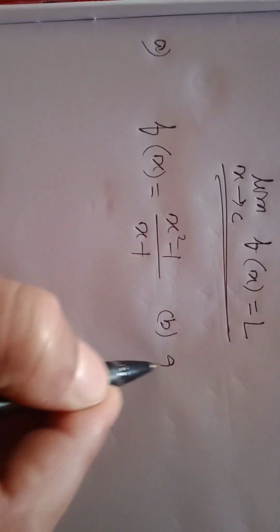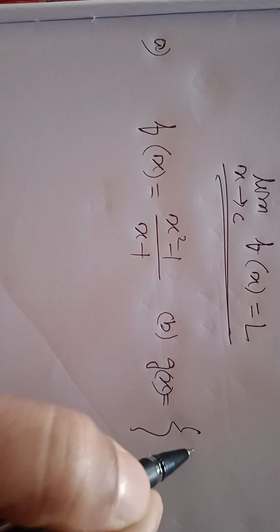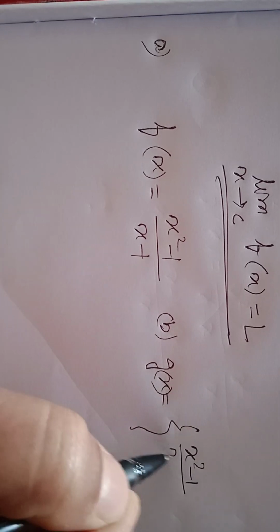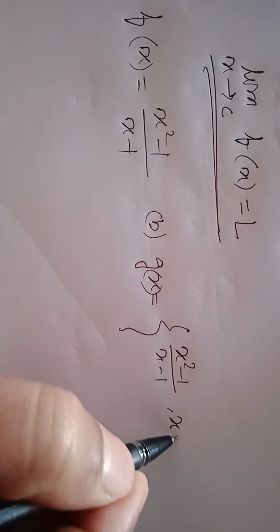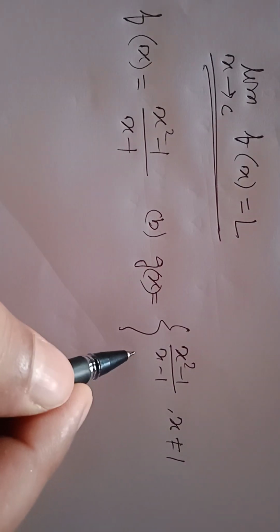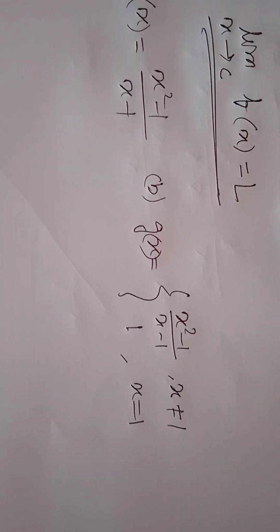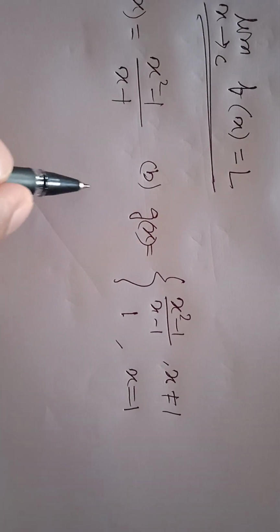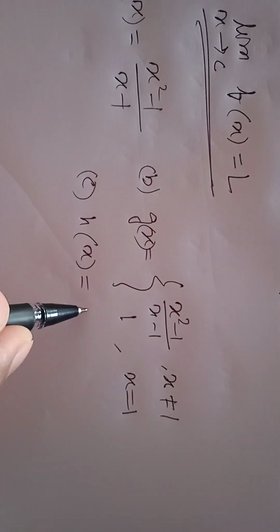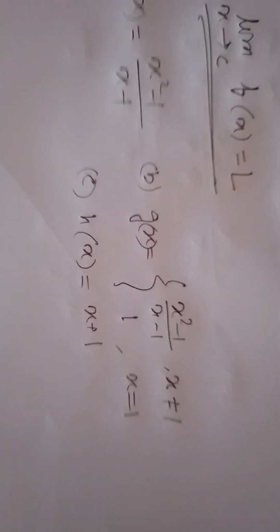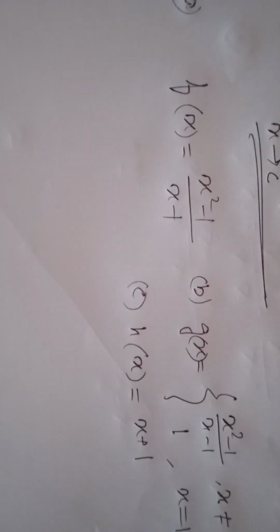Suppose (b) g(x) equals (x squared minus 1) by (x minus 1) when x is not equal to 1, and equals 1 when x equals 1. And another function (c) h(x) equals x plus 1. Now try to draw the graph of these three functions.